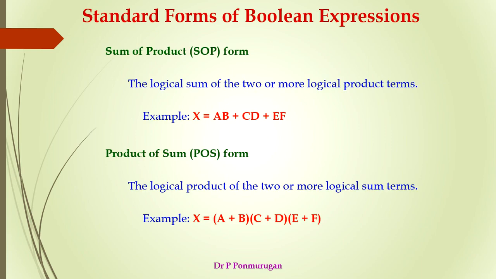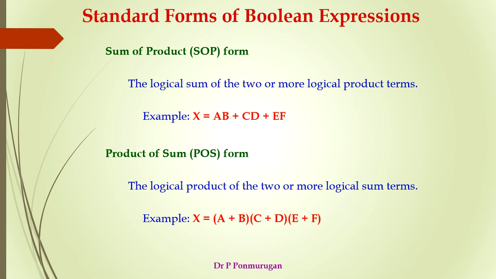The SOP or POS forms shown here are not standard forms of Boolean expressions. Let us take the SOP form. In this, each term doesn't have all the variables of that expression.